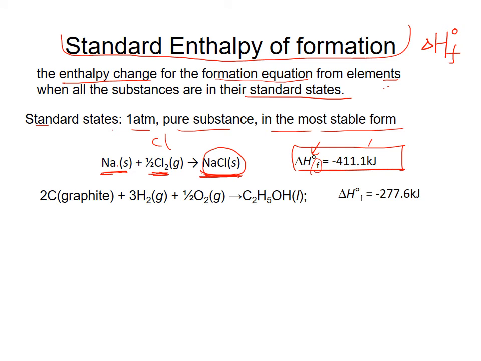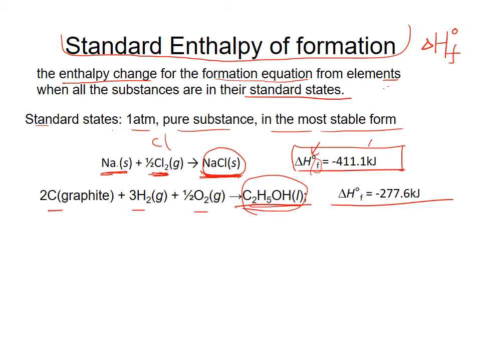Another example is the standard enthalpy of formation of ethanol. The formation enthalpy is negative 277.6 kilojoules, and this refers to the reaction to form ethanol from its elements. The elements are carbon, hydrogen, and oxygen.